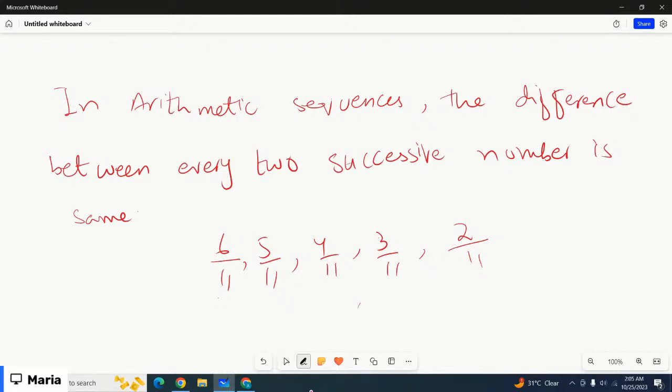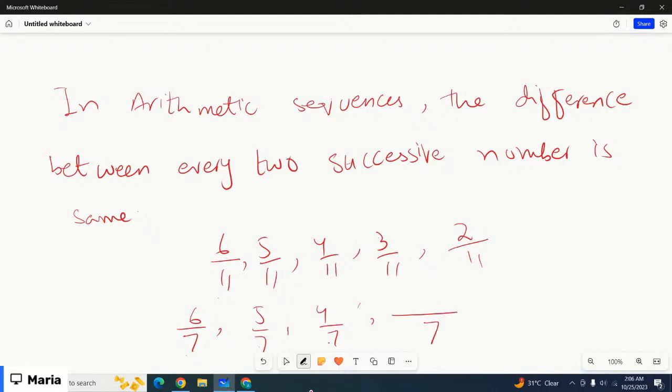Okay, let's just do another example. For example, the next example is 6 over 7, 5 over 7, 4 over 7. You need to see which is the next term in the sequence. You can see the denominator is the same.